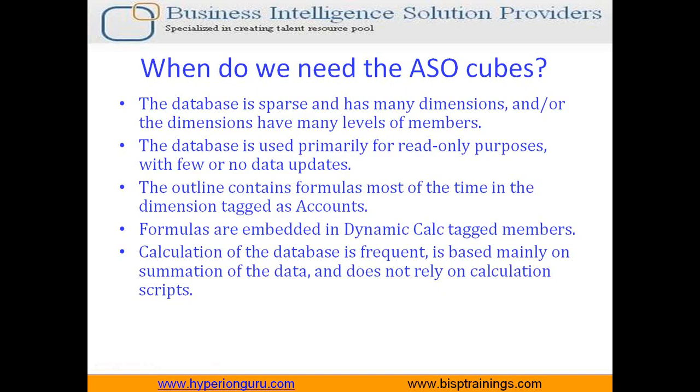These kind of cubes are basically used for the reporting purpose and for the rapid aggregation on the fly while retrieving. So all the aggregations, all the summation, negation, all those kind of consolidations happen in the ASO cubes.